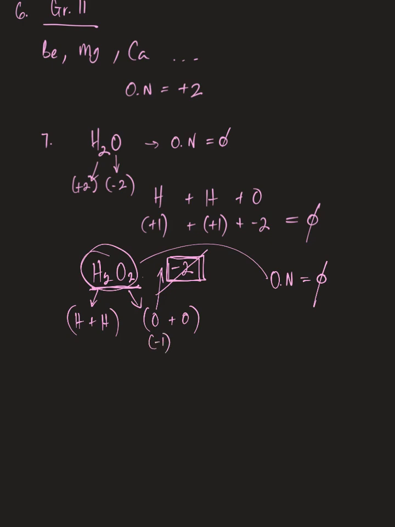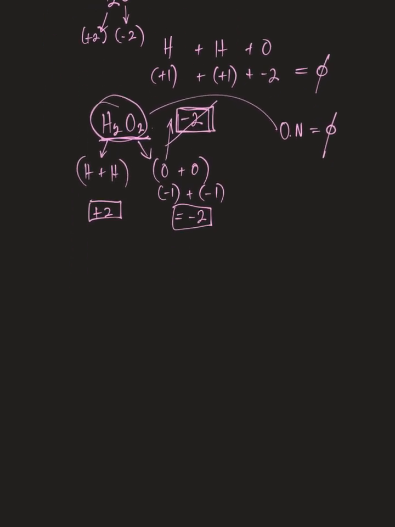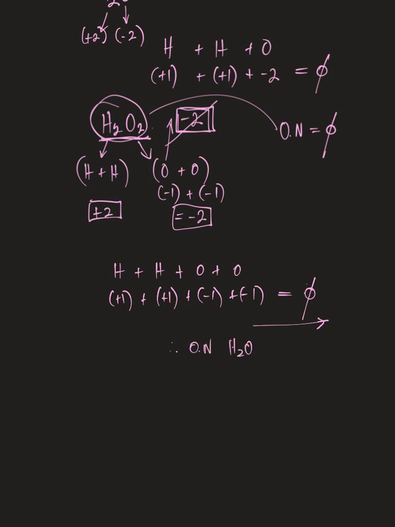So if this is -1 plus another -1, I've got -2, which means my hydrogens must add together to give +2. So for hydrogen peroxide, H plus H plus O plus O, I've got +1 plus +1 plus -1 plus -1, because that's an exception, and I still get an oxidation number equal to 0. Therefore the oxidation number of H2O2 is equal to 0.